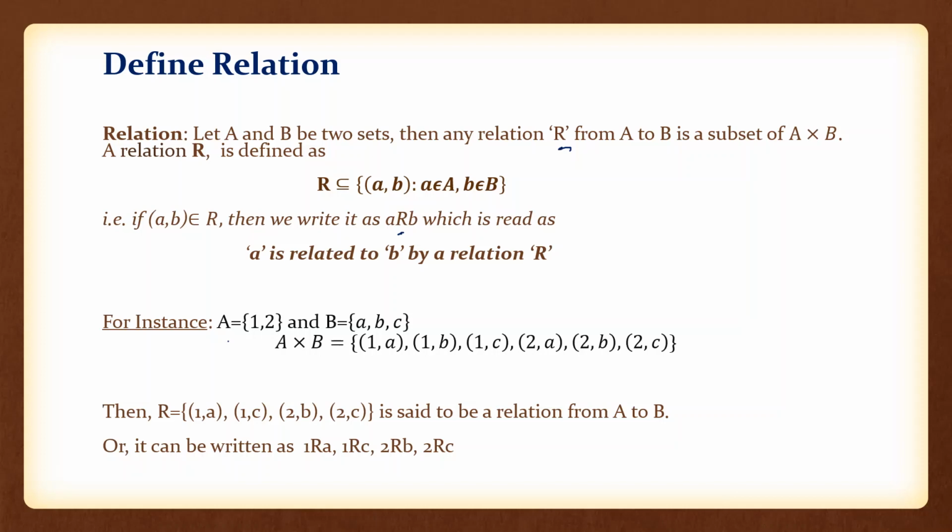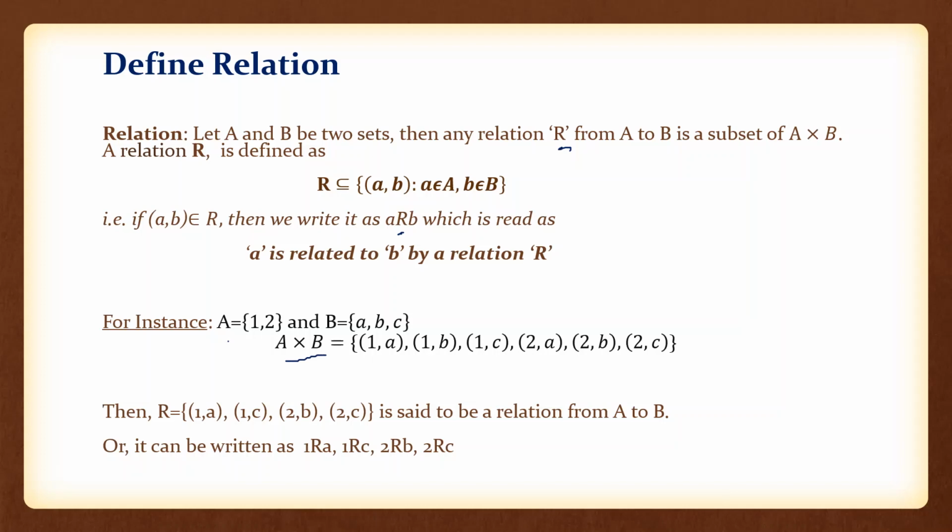So let's check it out. Before finding out the relation, let us check what the Cartesian product of A and B is. A has two elements and B has a, b, c, three elements. So (1, a), (1, b), (1, c), (2, a), (2, b), (2, c). We know how to find the Cartesian product of any two sets.